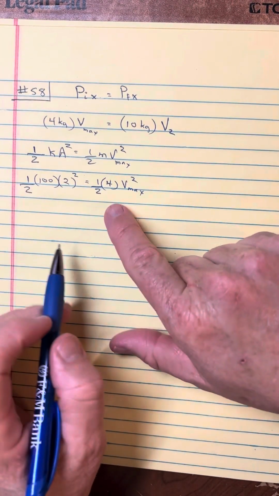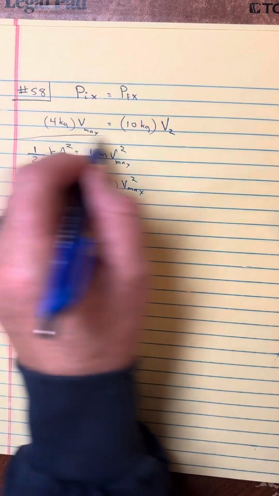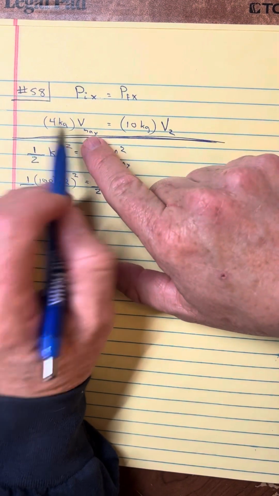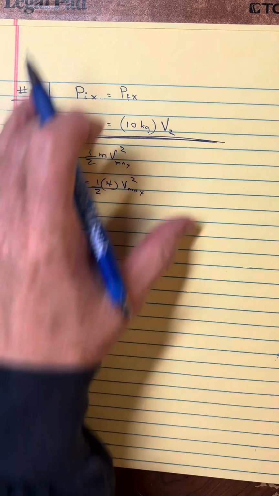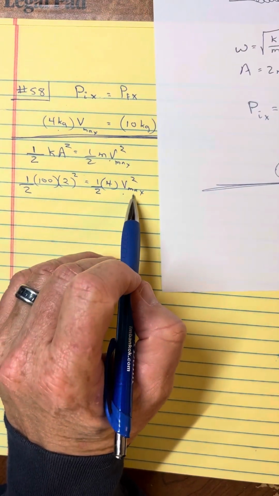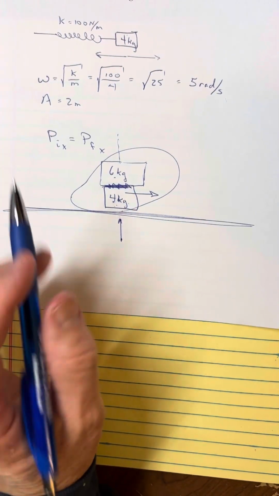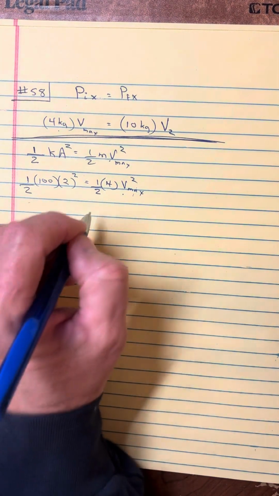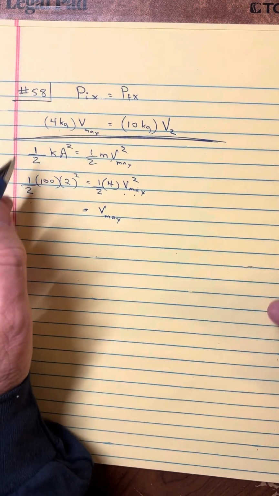Now notice I put a 4 here, and what I meant by that is this is before the collision, so maybe I should draw a line here. So this was kind of my thinking that, hey, we're going to have a collision. We're going to go from an object that has 4 up to an object that has now 10. But before that collision, in order to calculate what its maximum speed is right before the impact of this 6 kilogram mass falling on it, this is how I get the maximum speed.